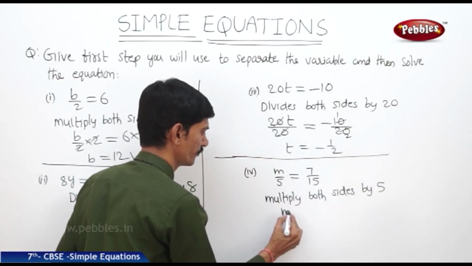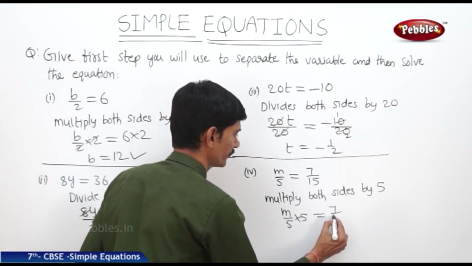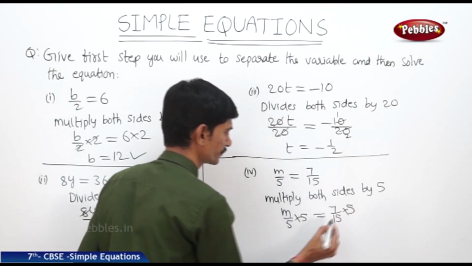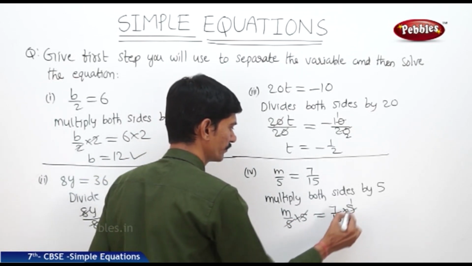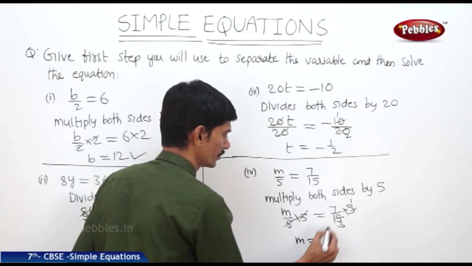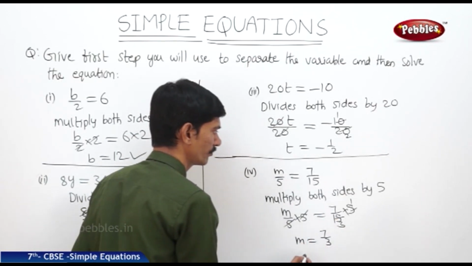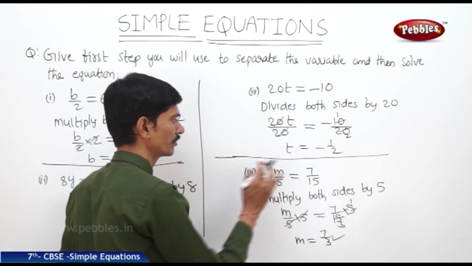So here m by 5 into 5 equals to 7 by 15 into 5. Here into 5 divided by 5 get cancelled. Here 5 1s are 5 and 5 3s are 15. So then m equals to 7 by 3. So here m equals to 7 by 3 is the solution of the given equation.